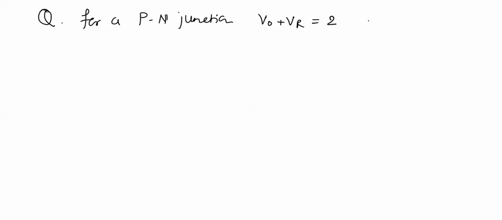Next question. For a PN junction, V naught plus VR equal to 2 volt and W equal to 1 micrometers.